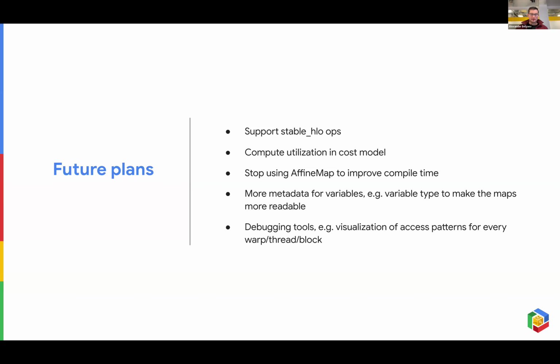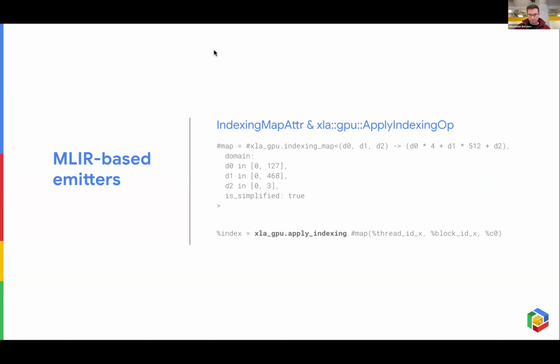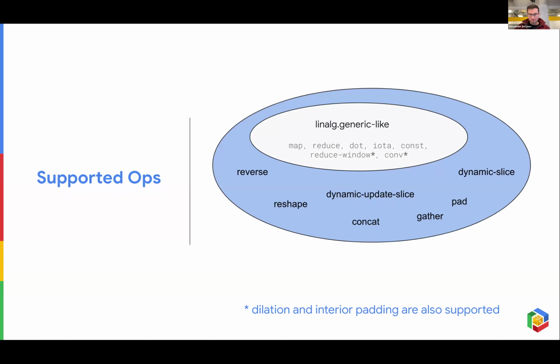That's when we will probably need indexing maps in MLIR, on MLIR ops. But it will work exactly the same: given this op, give me a map from output to input or from input to output. And in this slide, you can see what ops are supported right now.